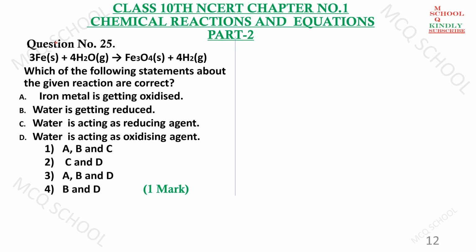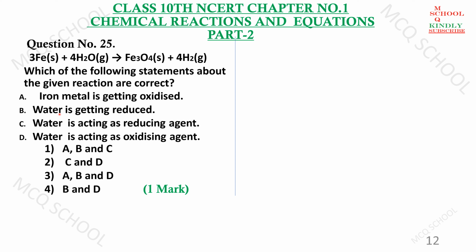Let us take question number 25. In this, iron is reacting with H2O in gas form, that means steam, hot vapor form, and is converted to ferric oxide and hydrogen. Which of the following statements about the given reaction are correct? A, iron metal is getting oxidized.